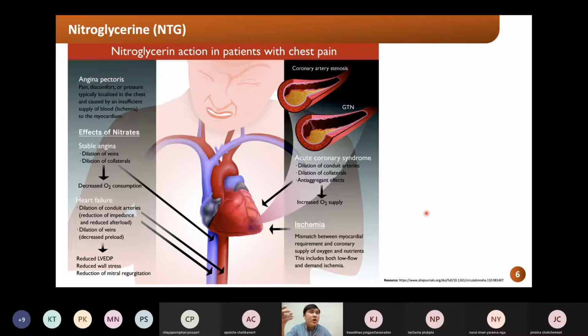So the oxygen delivery is decreased. In this case, NTG may be given to the patient to dilate the vessel and recover the perfusion, and eventually it can balance the oxygen demand and supply. Can you imagine that, right?